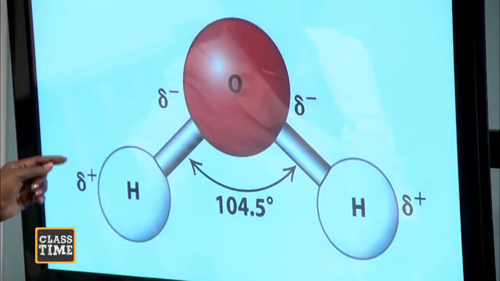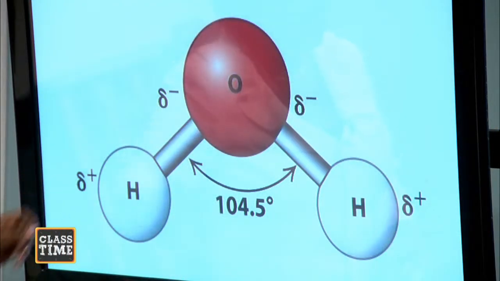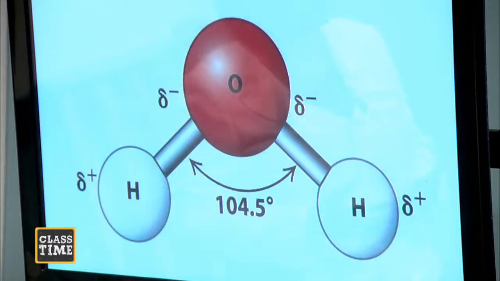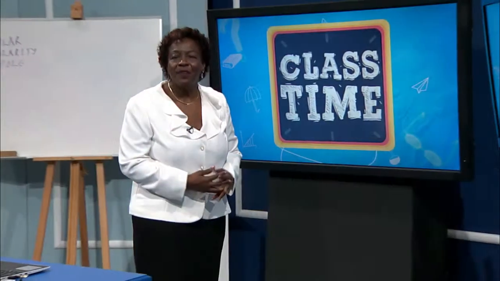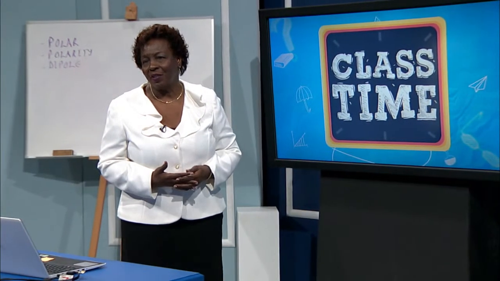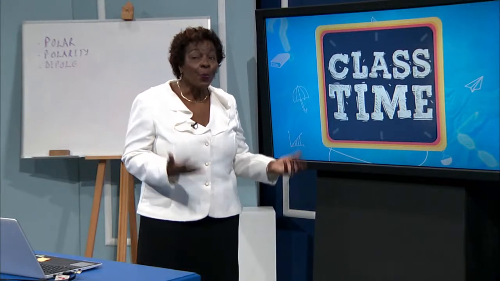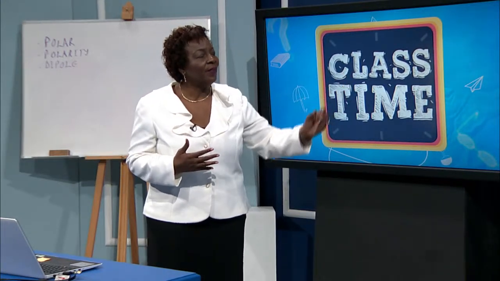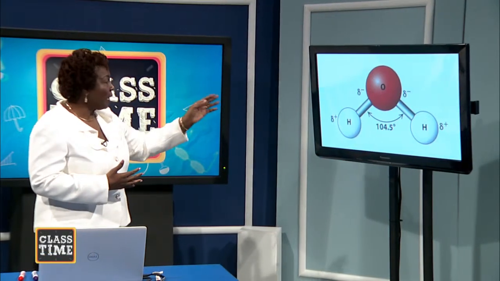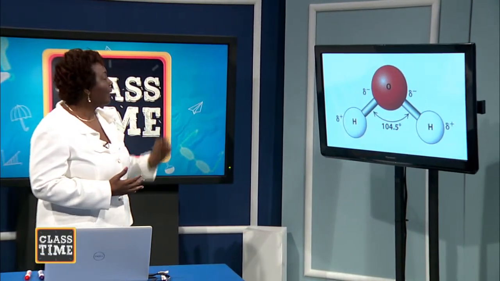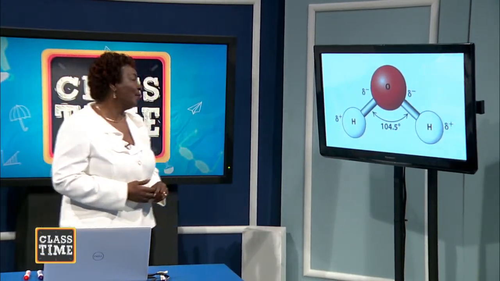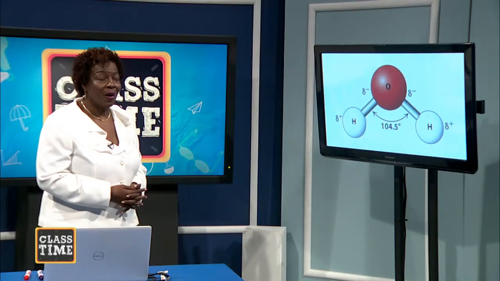And by the same token, if you notice, attached to the hydrogen atom, it's a delta positive or delta plus, which represents the slightly positive charge on the hydrogen atom. The fact is that opposites attract, so the delta positive hydrogen atom will be attracted and bonding to the delta negative oxygen atom to form the covalent bond.